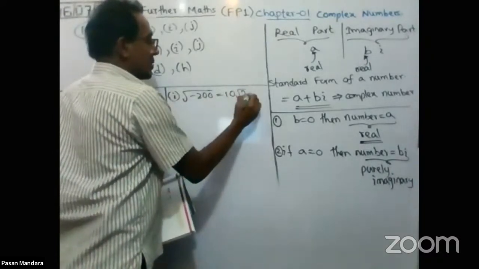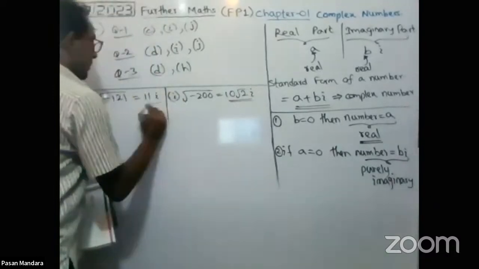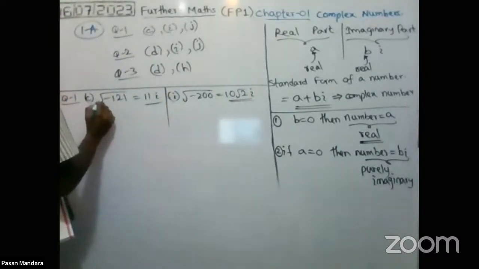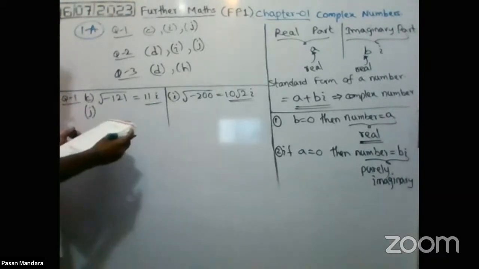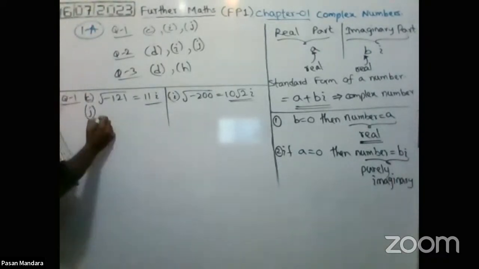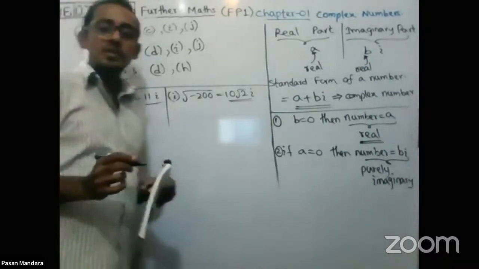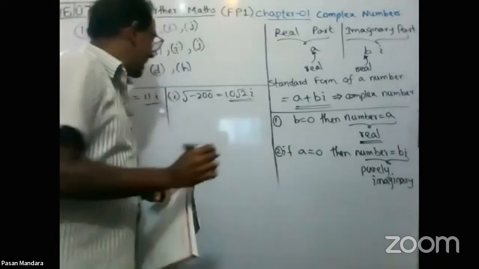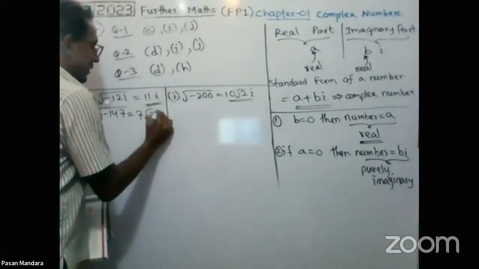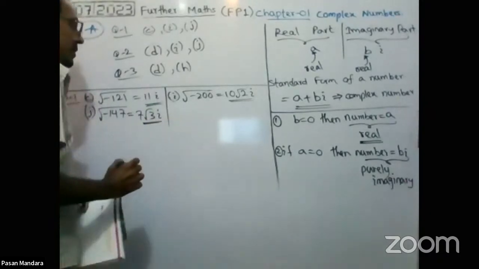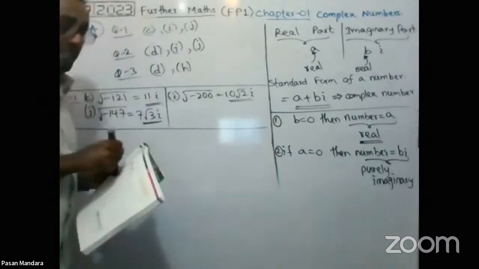That is 10 root 2, and square root of minus 1 is i. 147 is 49 into 3. 49 you can take as 7, 3 remains, and i there. Right. So now question number 2.